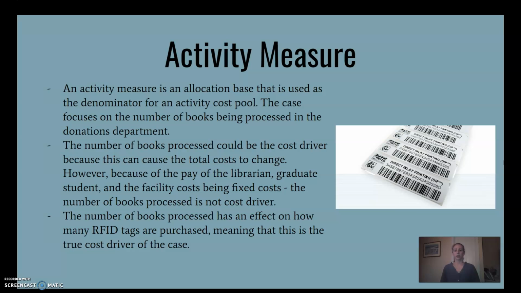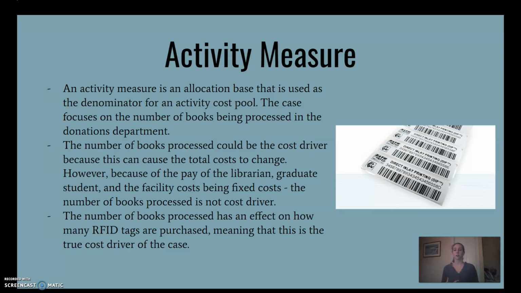So I'm going to go into the activity measure that the case discusses. An activity measure is an allocation base that's used as the denominator for an activity cost pool. The case focuses on the number of books that are processed in the donations department. So the number of books processed can be considered the cost driver because this can cause the total cost to change.